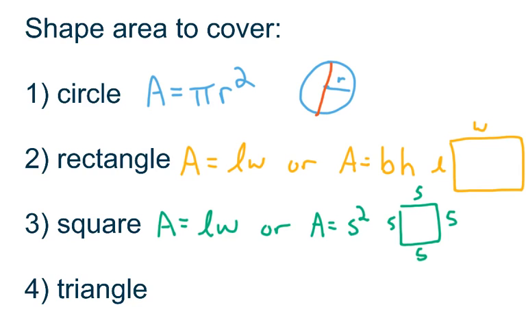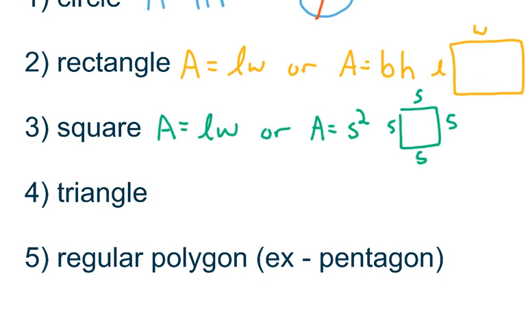And then lastly, a triangle. When we look at the area of a triangle, it's going to require us to know the base and the height. We're going to want to multiply those together, and we're going to want to cut them in half. So base times height divided by 2, or you can call it, which some people like to, 1/2 base times height. They're essentially the same thing.